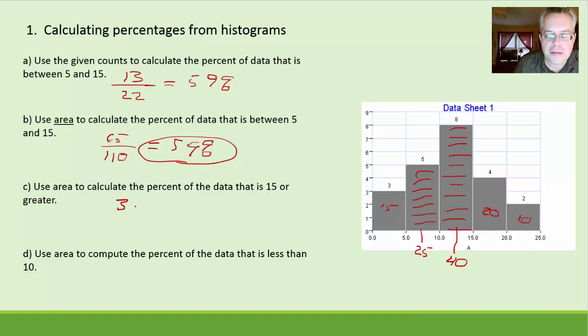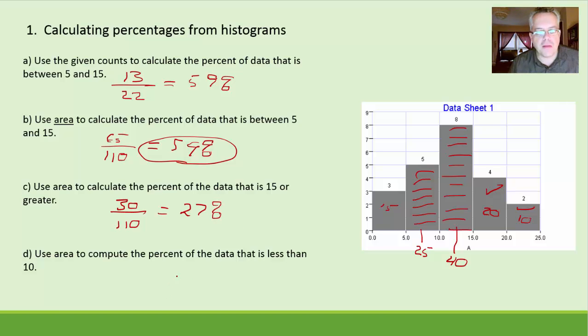So that area is 30, and still out of a total of 110. So it was this bar right here and that bar right there. Those correspond to data values greater than 15. Okay, so 30 divided by 110 ends up being 27%.